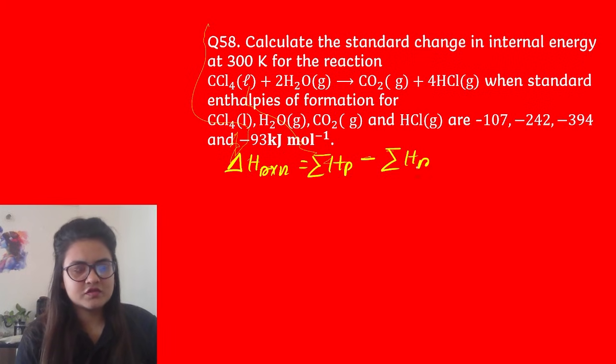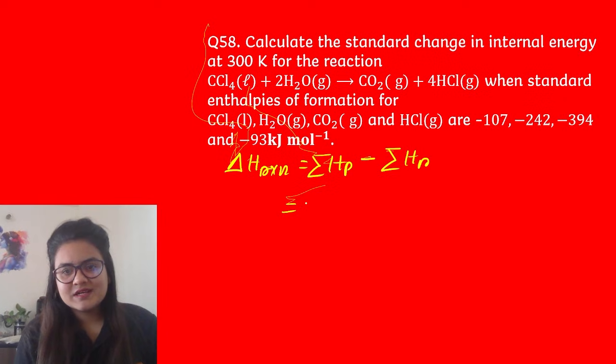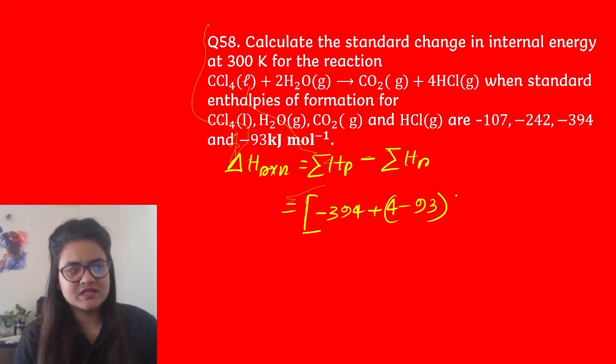So what you have to do now is just put the value. Products are carbon dioxide and HCl. Let's put directly minus 394 plus 4 times HCl, right? 4 into minus 93. No need to change the unit, keep it in kilojoule, that will work.